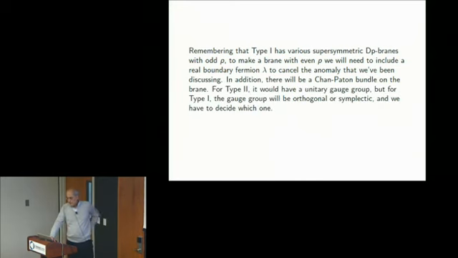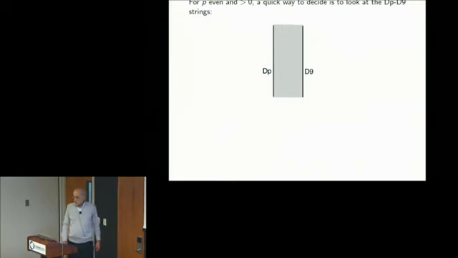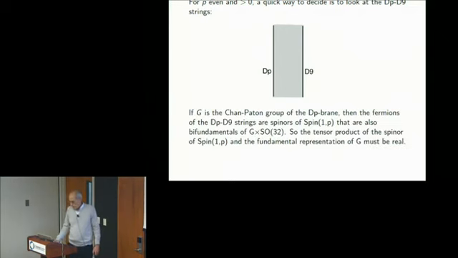For type 2, it would be a unitary gauge group, but for type 1, it will be orthogonal or symplectic when p is even, and we'd like to decide which one. There's a quick way to decide, which is to look at the Dp-D9 strings and ask that they should be real. You have to modify the argument if p is -1, but if p is bigger, the fermions are spinors of spin(1,p) that are also bifundamentals of G times SO(32).